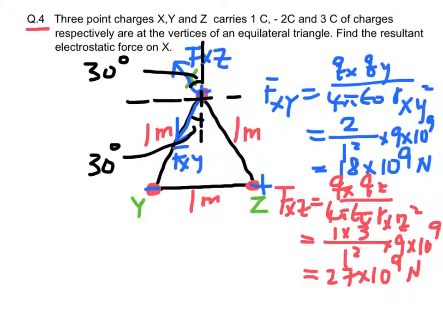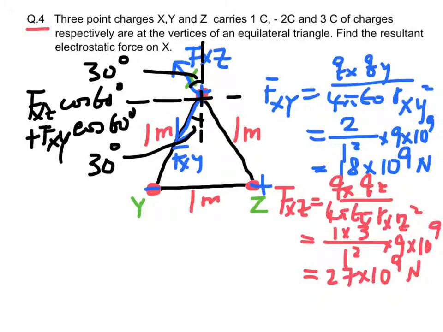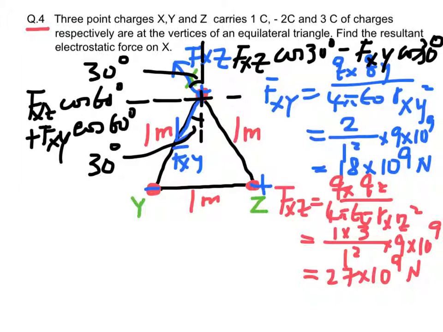The resultant horizontal force acting on X is Fxz cosine 60 degree plus Fxy cosine 60 degree, and the resultant vertical component acting on X is equal to Fxz cosine 30 degree minus Fxy cosine 30 degree. Finally, use the perpendicular theorem: you can find the resultant force acting on X using the sum of the squares of the horizontal component and vertical component, and use the square root to find the answer.